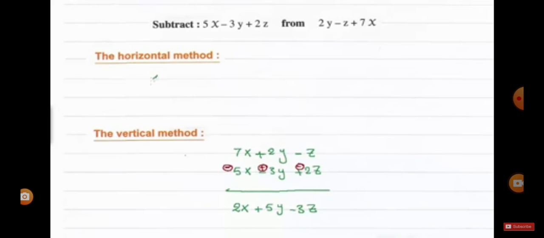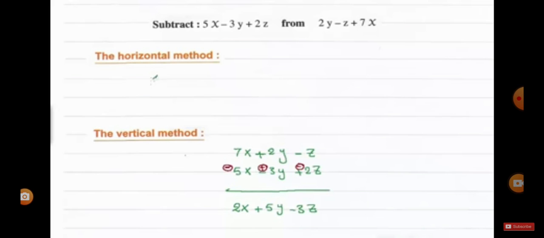Then 7x − 5x equals positive 2x. Positive 2y plus 3y equals positive 5y. −z − 2z equals −3z. The difference between adding and subtracting: in adding, I put the first expression as it is and then the second expression, and if I have a third expression, I arrange it.